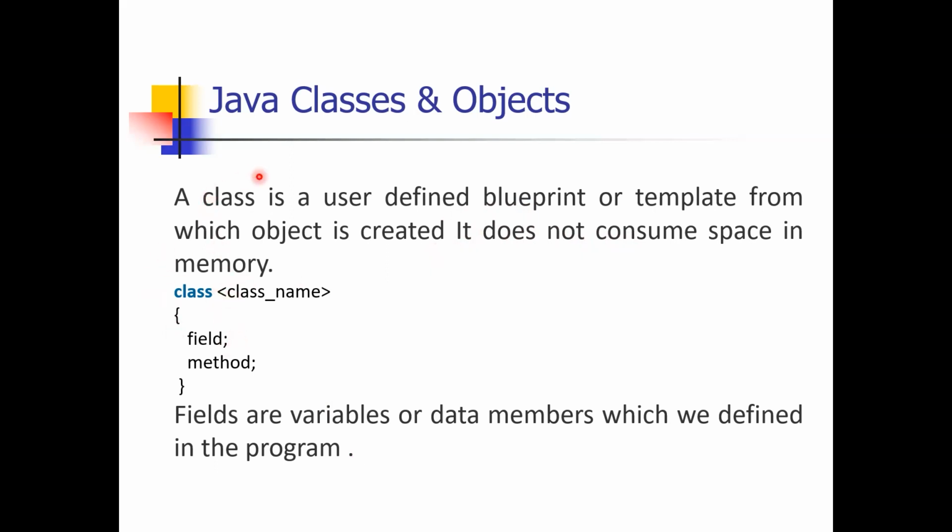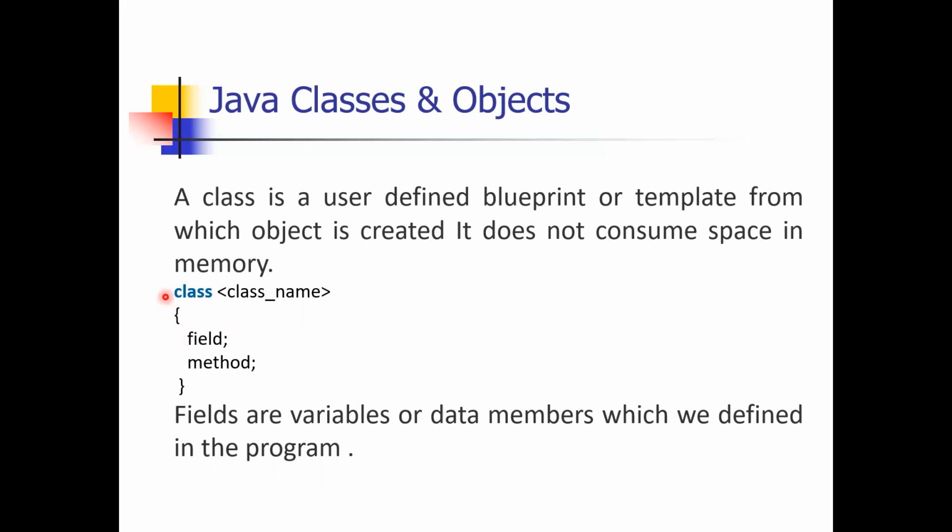In OOPS, every programming is done by creating a class. So how to create a class? First, write the keyword class, then any name you can give for the class, but remember, the class name should start with a capital letter.